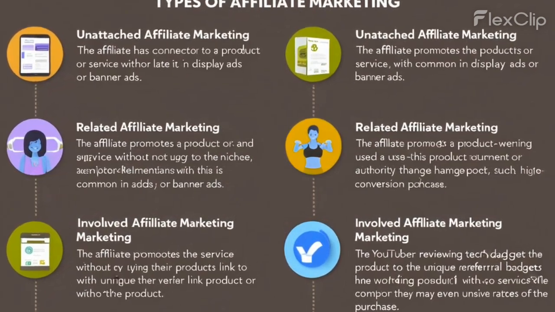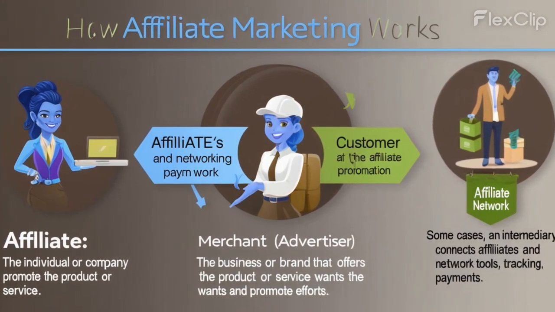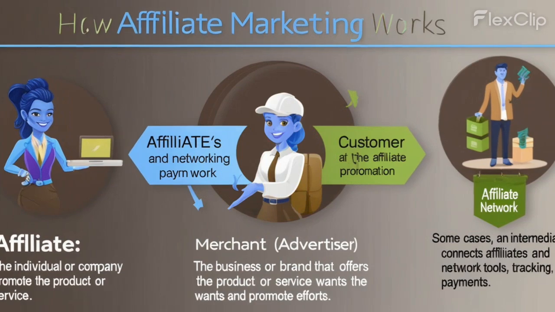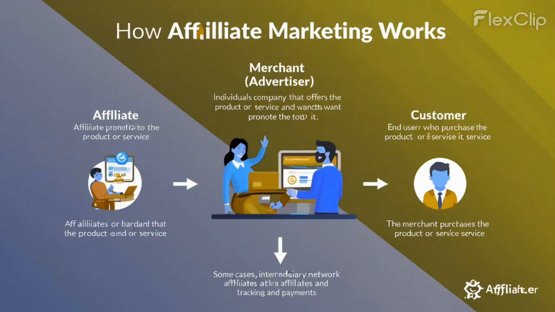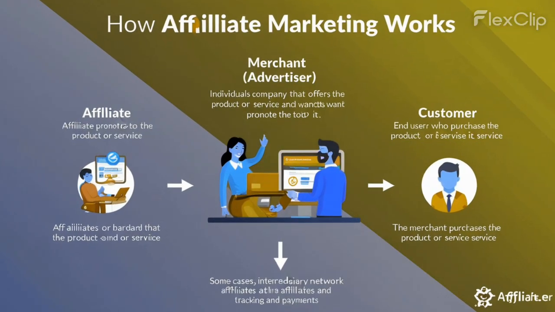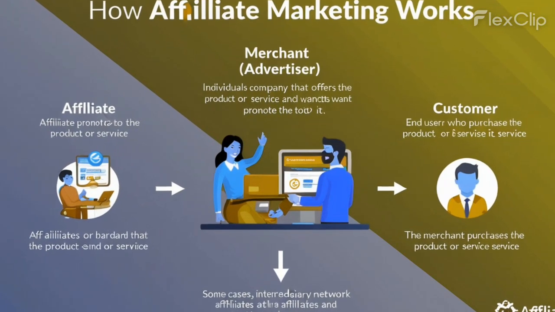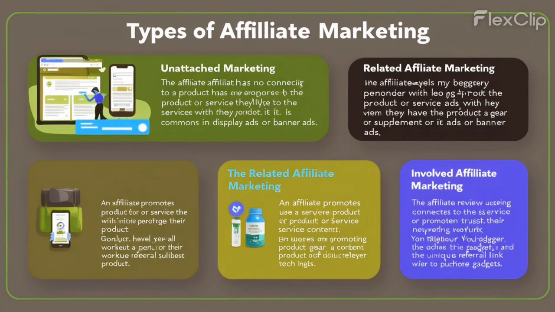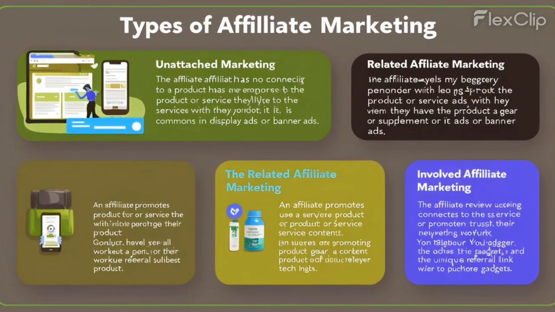Affiliate network. In some cases, an intermediary platform connects affiliates and merchants, offering tools, tracking, and payments. The affiliate receives a commission whenever a sale or other conversion, like a sign-up or lead, happens due to their marketing efforts. Types of affiliate marketing.